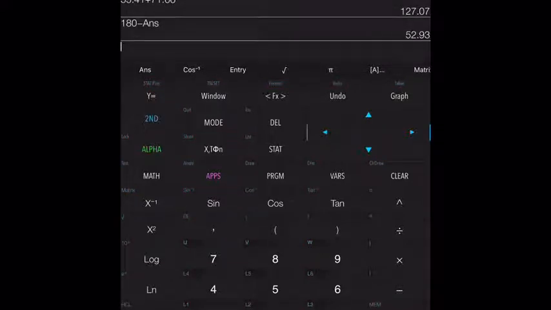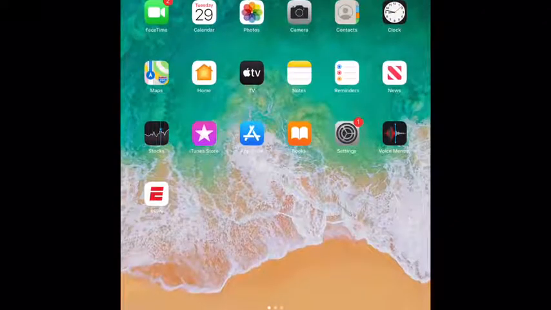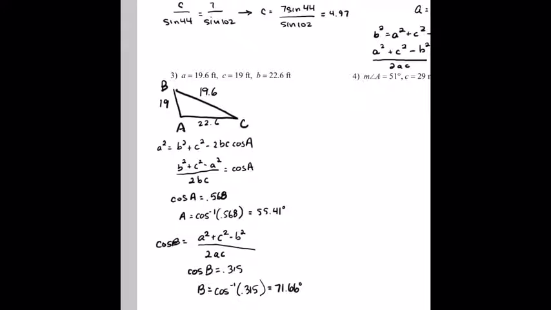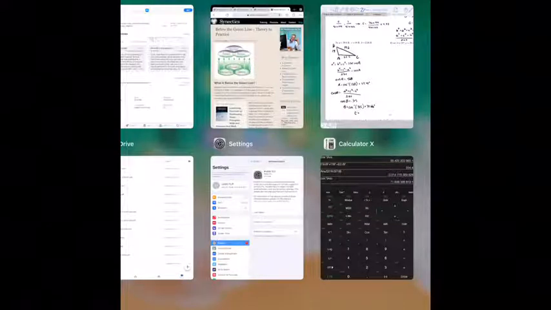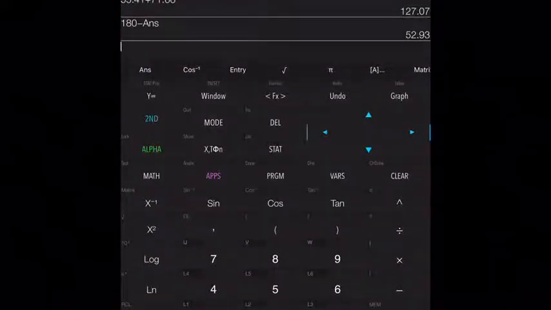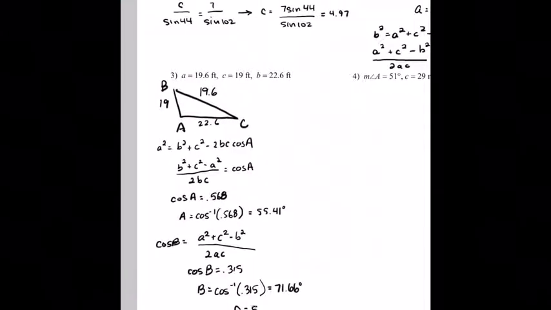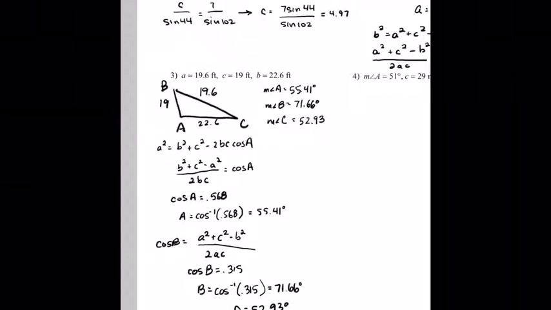We get 52.93 for angle C. So measure of angle A was 55.41. Measure of angle B was 71.66 degrees. Measure of angle C was 52.93.